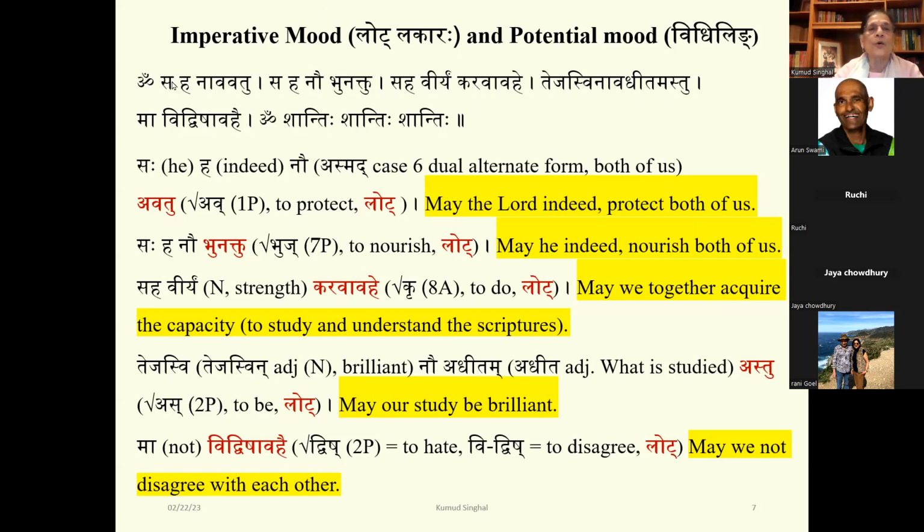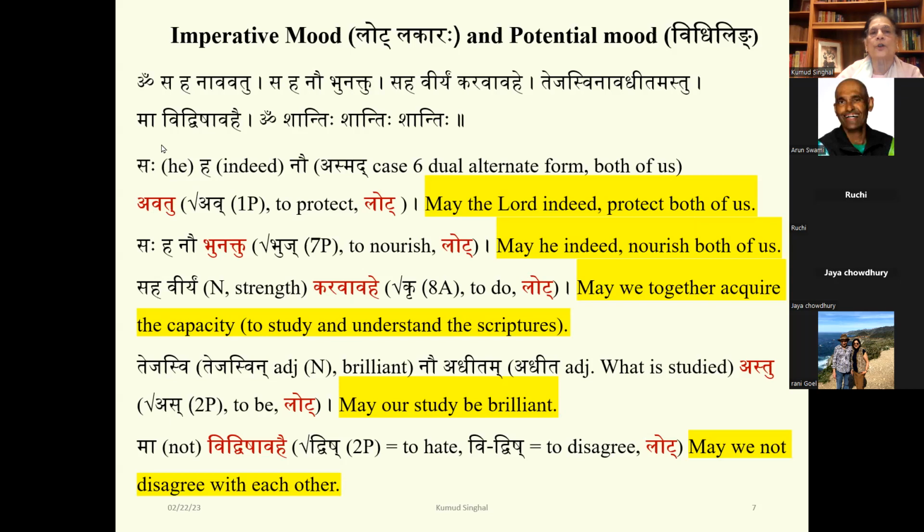So you all know, Om Sahana Vavatu. Here the sandhi will be Saha, Nau, and Avatu. Saha means he.